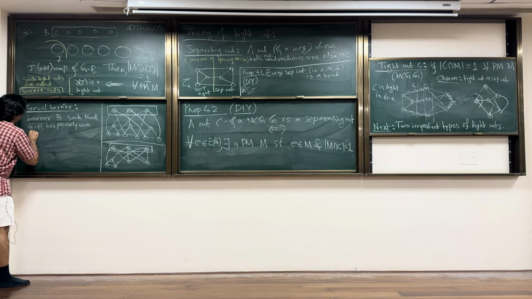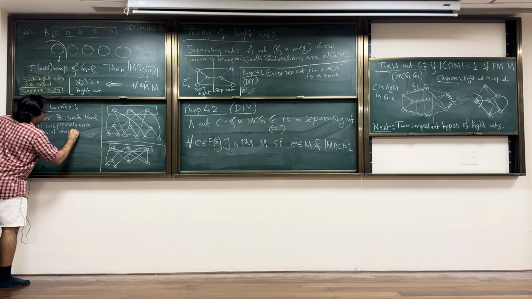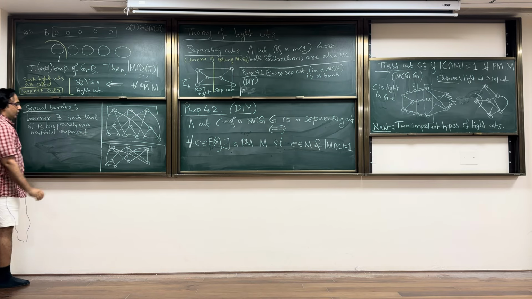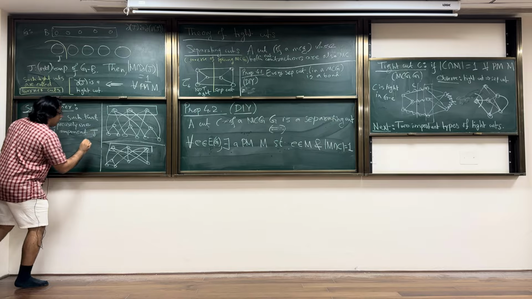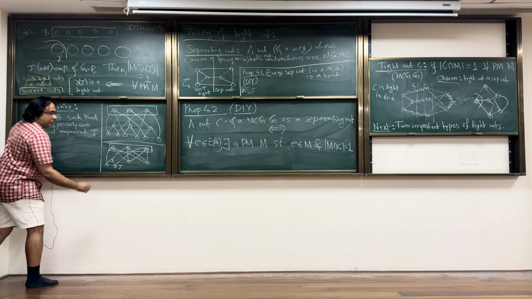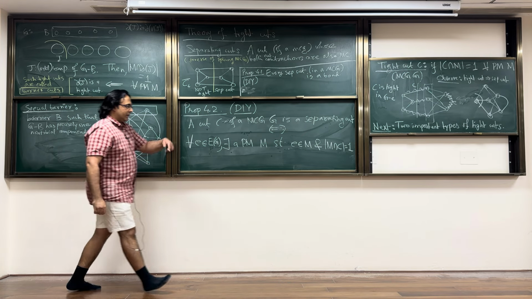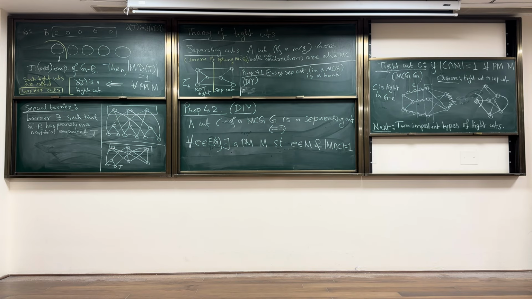Let's call this non-trivial component J. If J is my only non-trivial component, then the corresponding partial of J is what we will call a special barrier cut.